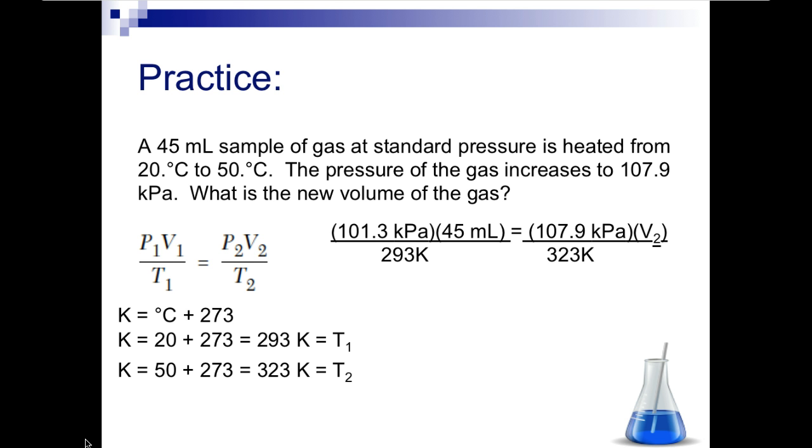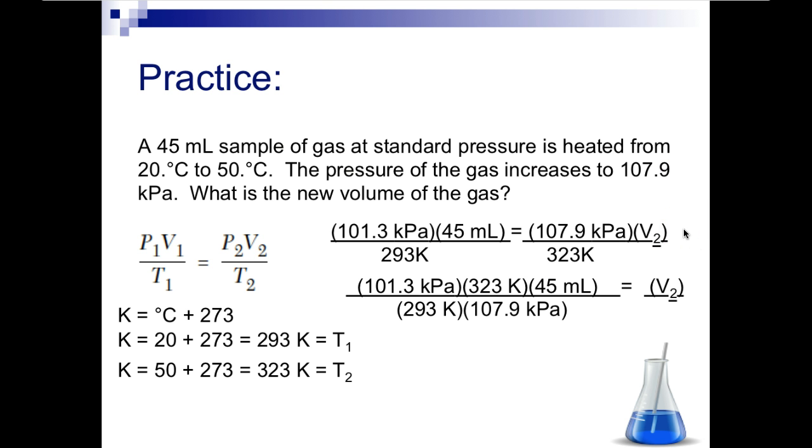Now our final conditions are going to be 107.9 kilopascals for our pressure, and our new temperature is going to be 323 Kelvin. So how we're going to solve for V2 is we're going to multiply each side by 323 and divide by 107.9. So our new equation, once we do that, is going to look like this. Now when we type this into our calculator, we're going to type in 101.3 times 323 times 45 and then hit enter.